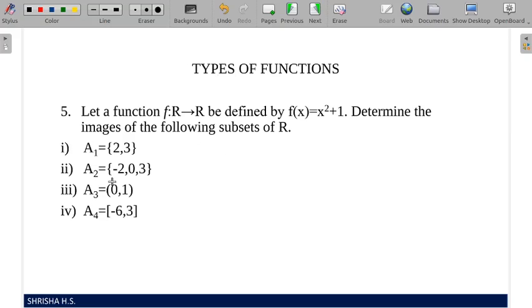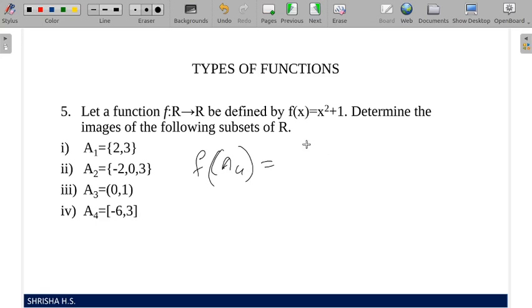So next A4, f of A4. We need to determine the images of the following as subsets of R. So they are asking for a range here. We have also given the functions, images also calculated. So f of A4 equal to, just like the previous, x is between -6 and 3.